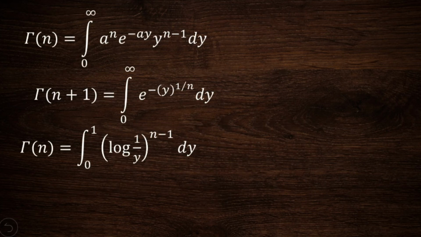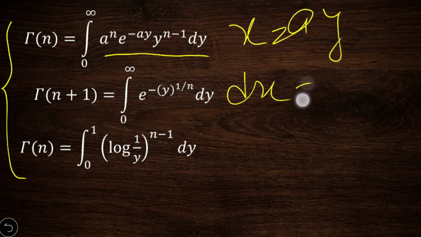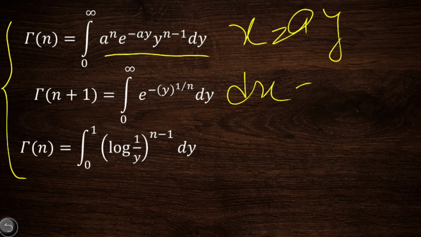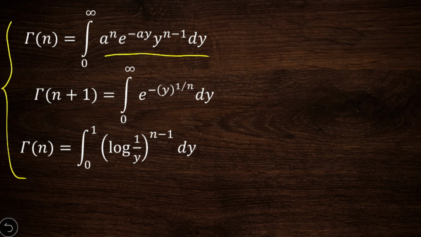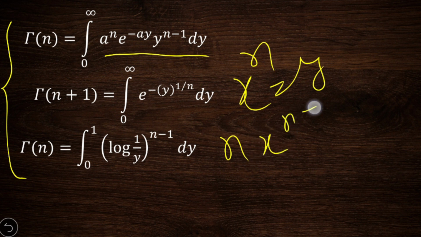In similar fashion, we can also prove these three properties of the gamma function. The first can be proven when we replace x equals ay, that means dx equals a dy, in our original definition of the gamma function. The second can be obtained if we replace x to the power n equals y, which gives us n x to the power n minus 1 dx equals dy.